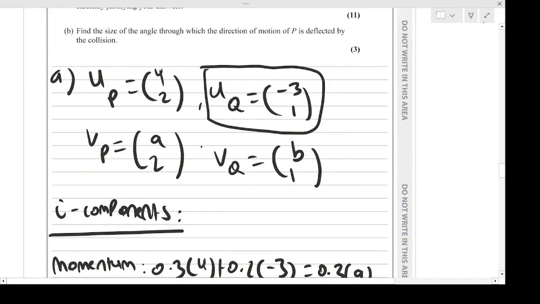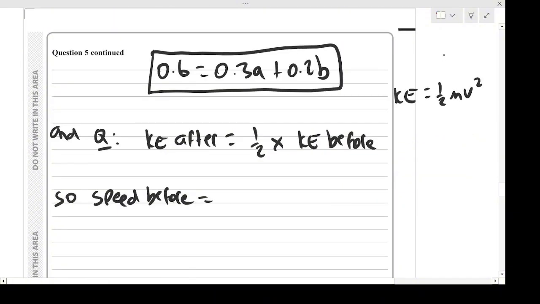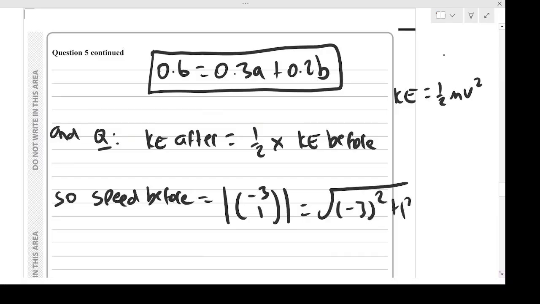So initially, before, the velocity for Q is (-3, 1). So I'm going to work out the speed of that. So it's going to be the Pythagoras, or the modulus of that, right? So it's going to be the modulus of (-3, 1). So it's going to be the Pythagoras of -3 squared and 1 squared, which should be √10.